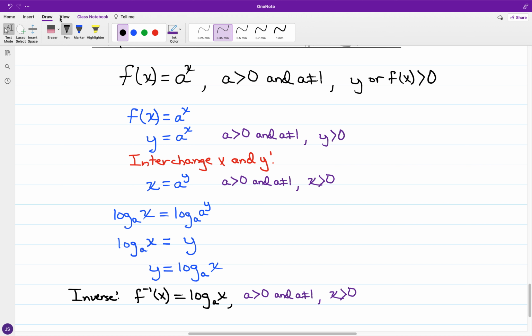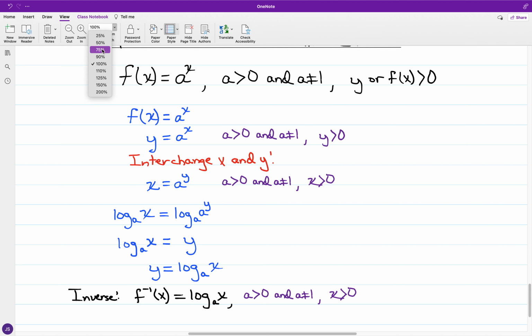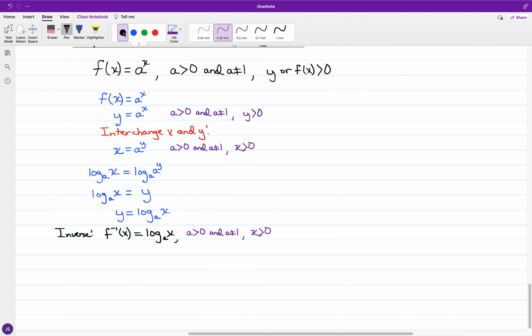All right, and so we have a question that is frequently posed, and that is: what is a logarithm? Just by definition, a logarithm is the inverse of an exponential function.